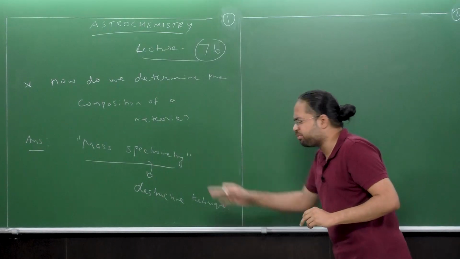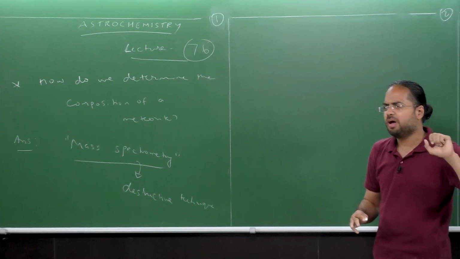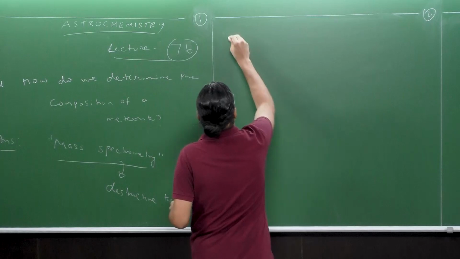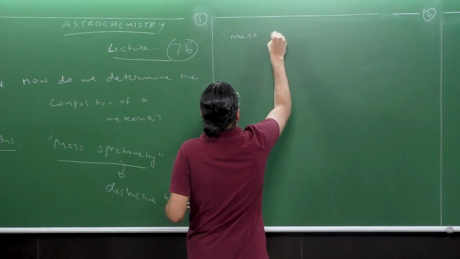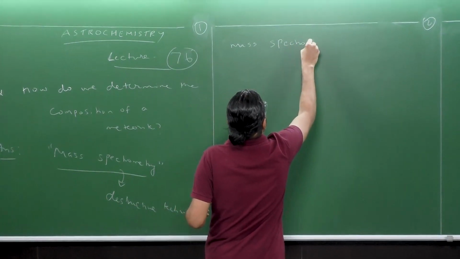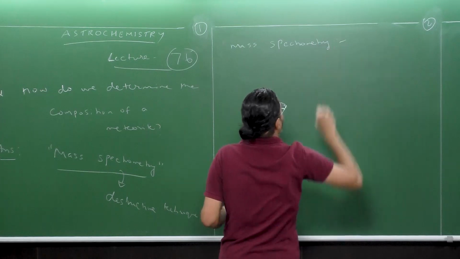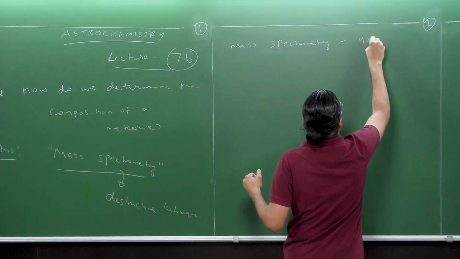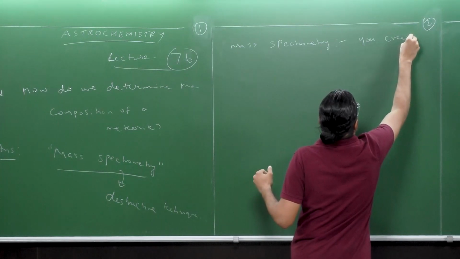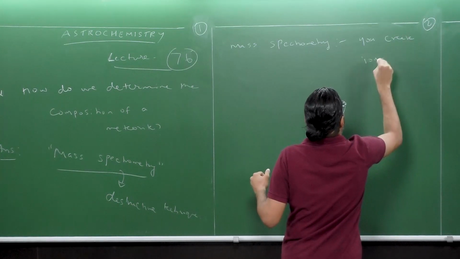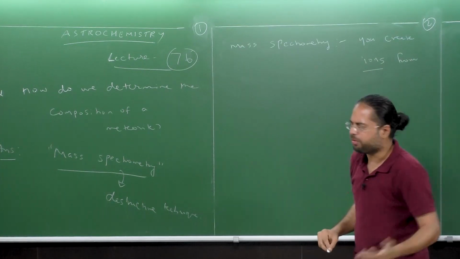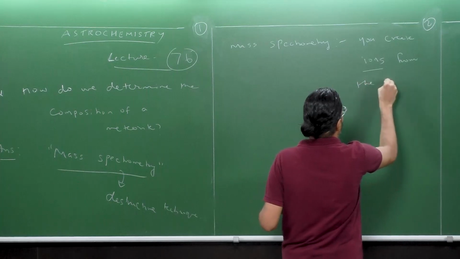So what is mass spectrometry? I will give you a very brief overview of that. In mass spectrometry, the idea is that you create ions from the sample that you want to analyze.